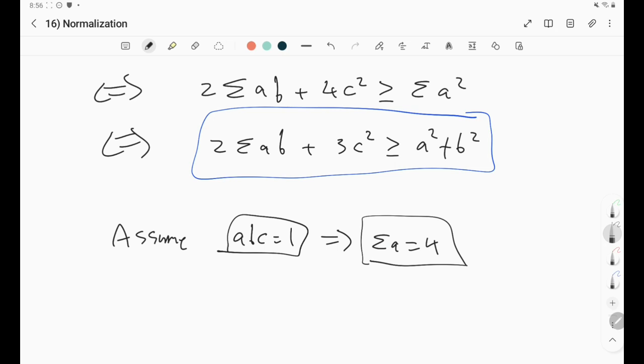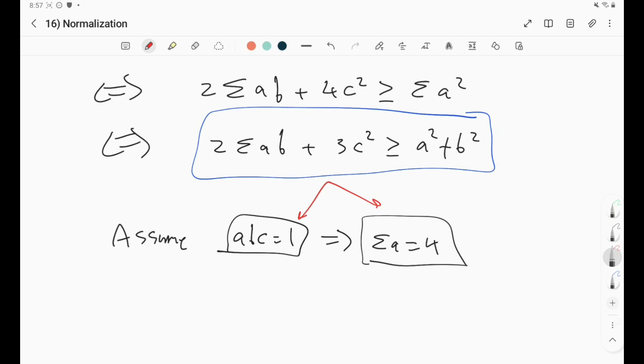So in order to use that, basically what we'll be doing is looking at our original inequality that we'll be working with, and trying to use what we already know. So if you take a look here, what do we have? We have a sigma AB, and here we have A square plus B square, and here we have a C square. So how can we use what we know, the ABC equals 1 and sigma A equals 4, in these kinds of situations?